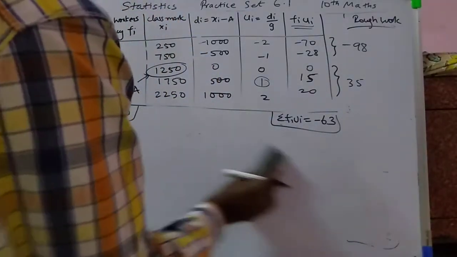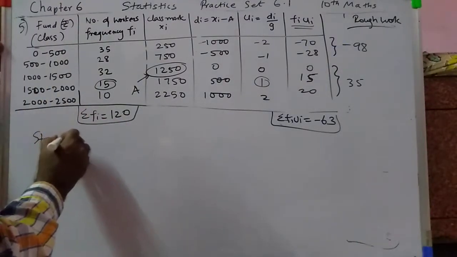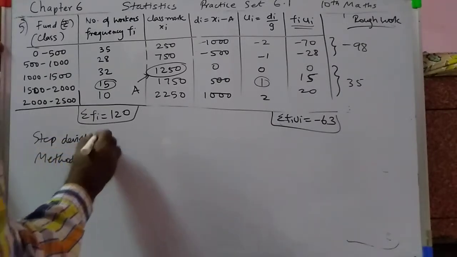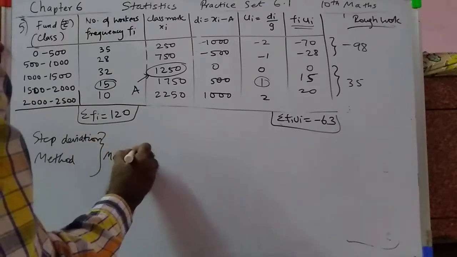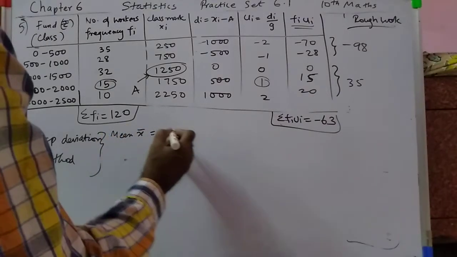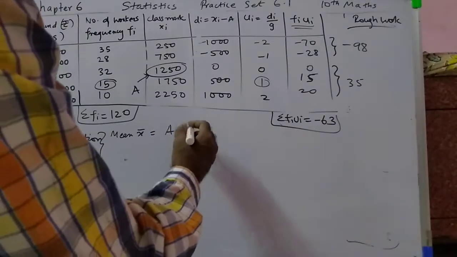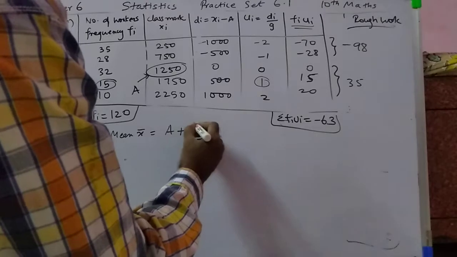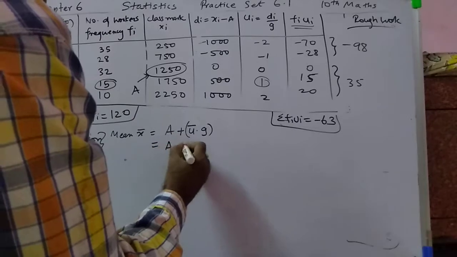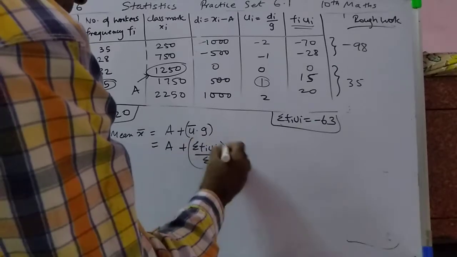Now you have to write the formula for the step deviation method. Mean, x bar is equal to a plus u bar into g. Here u bar is summation of fi ui upon summation of fi, into g.